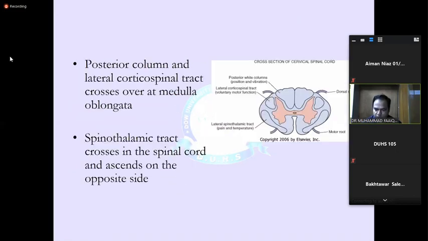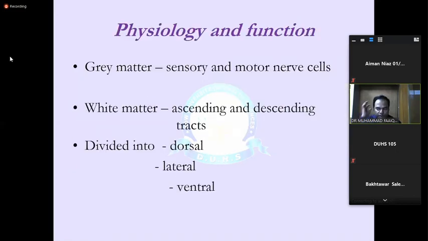This thing I already discussed, that in the center of the spinal cord transverse section there is a bundle of nerves called gray matter, which contains the sensory and motor nerve roots, while the white matter contains the ascending and descending tracts.